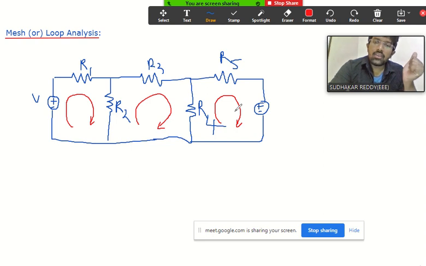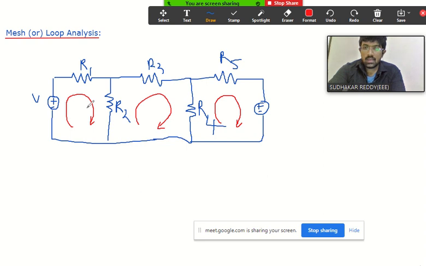Now, after identifying the number of meshes, the next step is to assume each and every mesh current or loop current. It is purely an assumption. In every mesh, in every loop, we need to assume the currents, and the current direction will be completely our assumption.